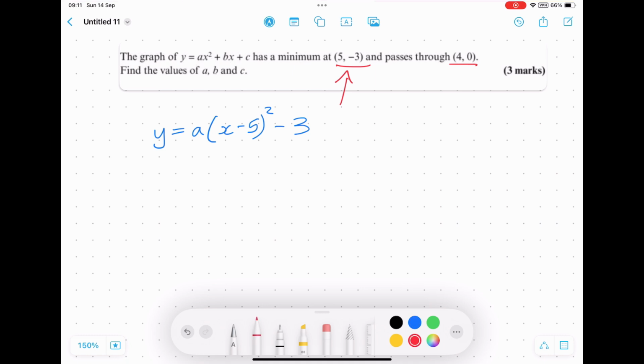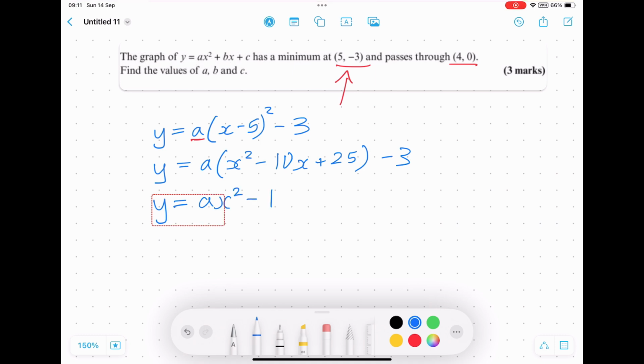Now we've written this out, we can expand this out totally, and we know that our coefficient of x squared is going to be ax squared. We'll then be able to substitute in the other values we know, because we know that (4, 0) lies on the function we're looking at, and then work out the value of a.